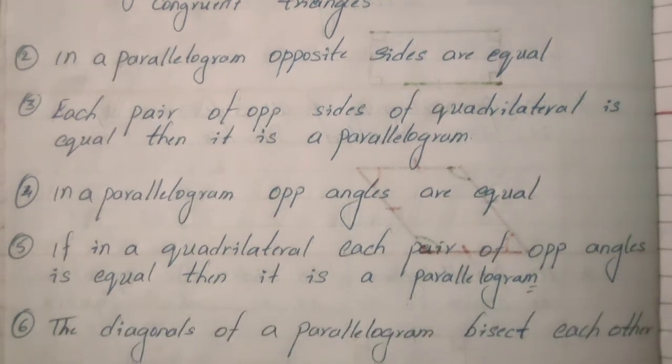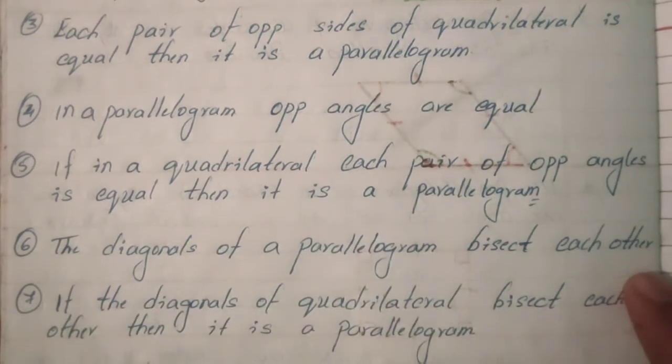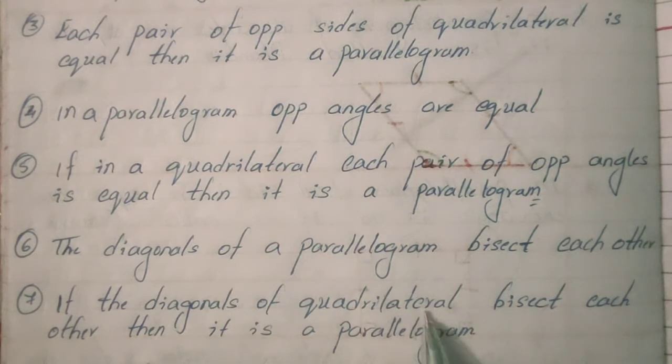When it comes to the diagonals of a parallelogram, they bisect each other. You take any one parallelogram, draw two diagonals. Each diagonal will bisect the other. In other words, if the diagonals of a quadrilateral bisect each other, then the quadrilateral is said to be a parallelogram. Okay.